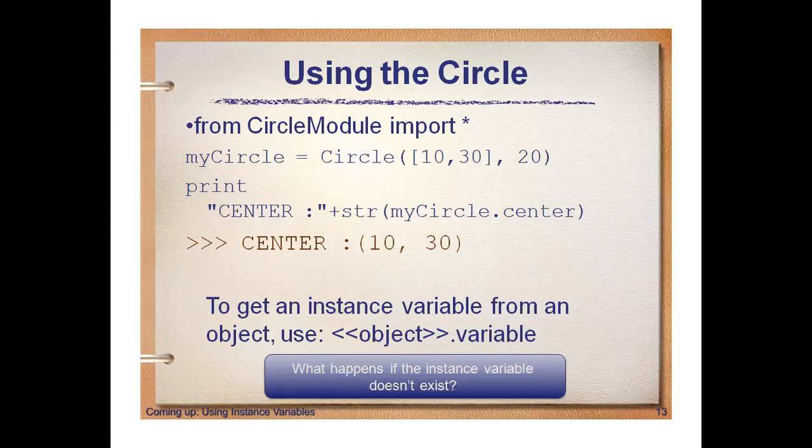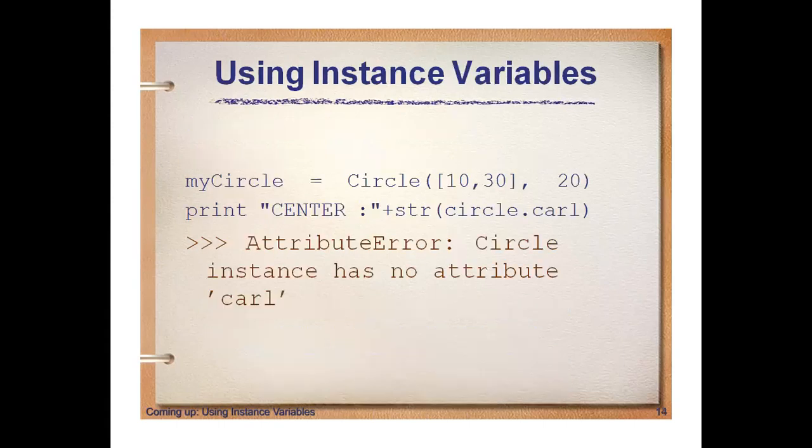To understand what happens here, we can see my circle equals circle, and we are putting some data here. If the information has not been decided, or we are calling some information which we have not provided, then we always face an error. For example, in this example, I wish to call something known as CARL, but there is no attribute named CARL in my main class, so we cannot call it here.